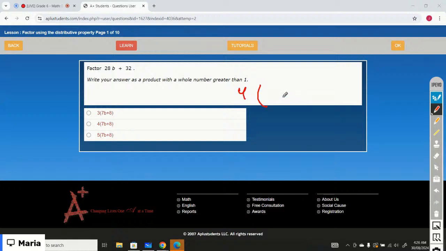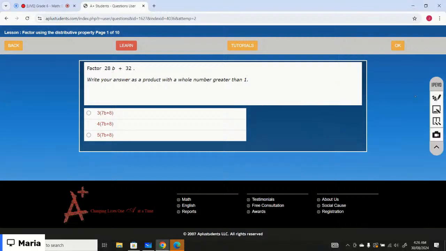So take 4 outside. 4 times 7 is 28 and 4 times 8 is 32. So that is 4 times 7b plus 8. Got it? Option number 2 is the correct option.